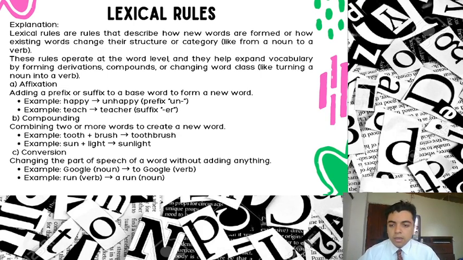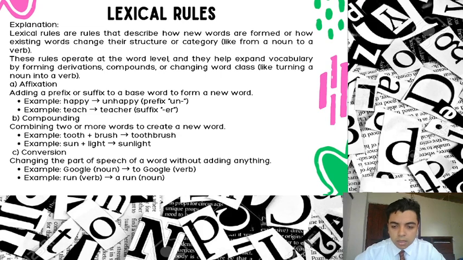Affixation: adding a prefix or suffix to a base word to form a new word. Example: happy, unhappy, prefix "un". Example: teach, teacher, suffix "er". Compounding: combining two or more words to create a new word.